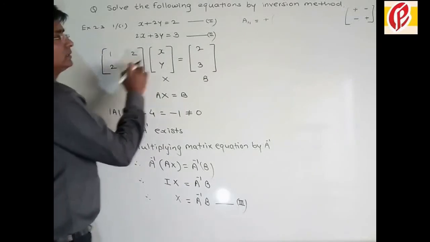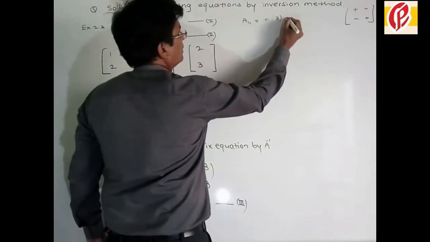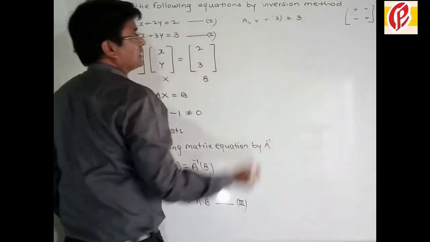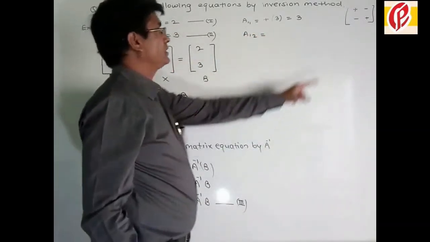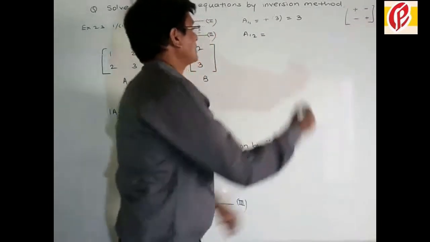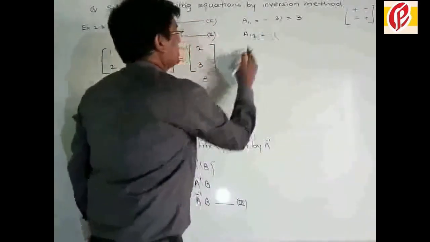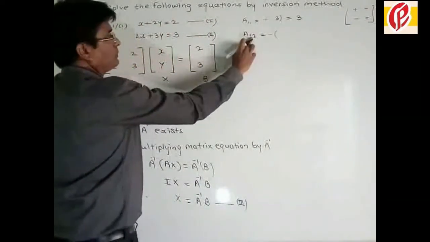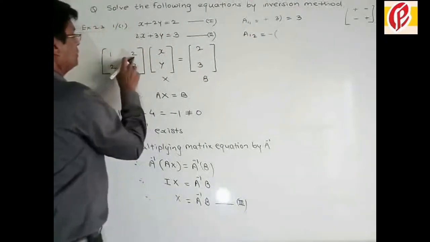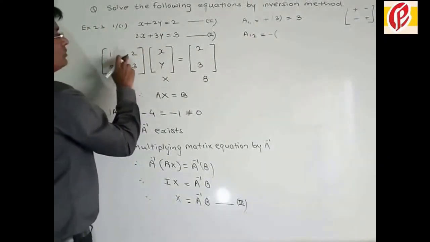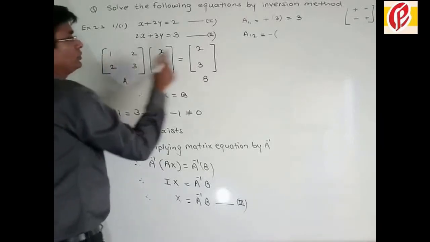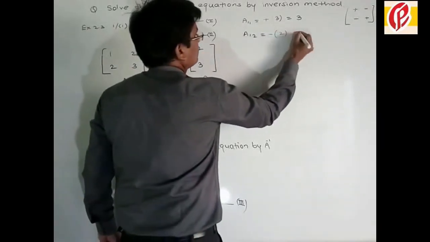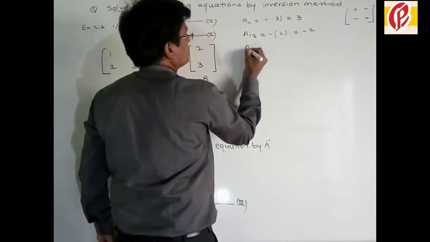You will get the element 3. So plus 3. Then A12. Sign of A12 is minus. Minor of A12 means first row, second column. Element is 2. So answer is minus 2.